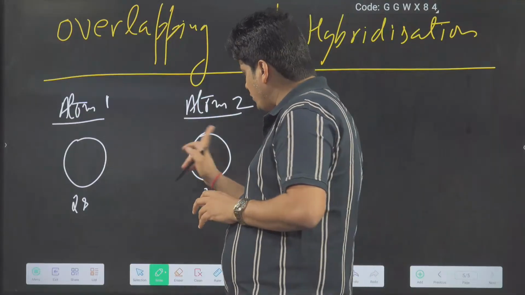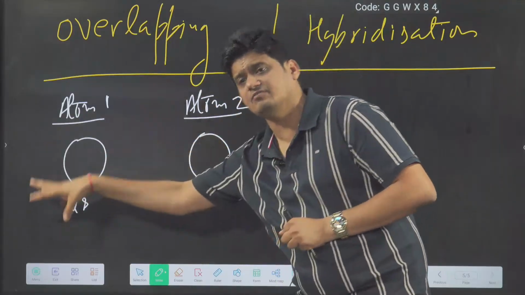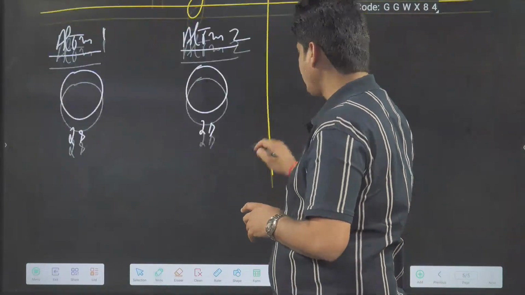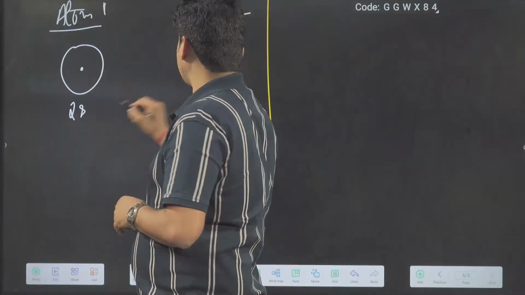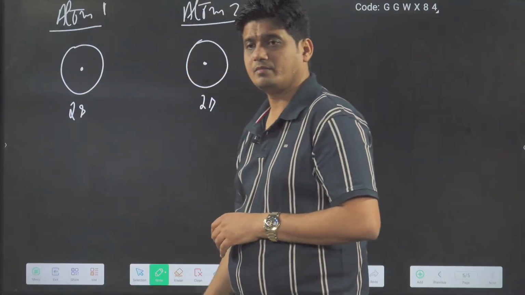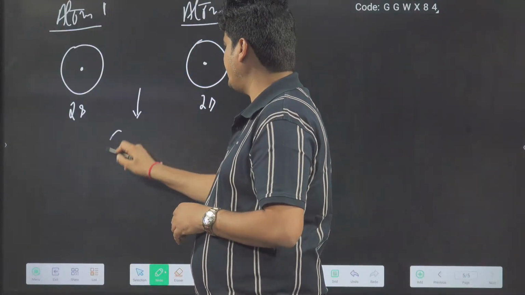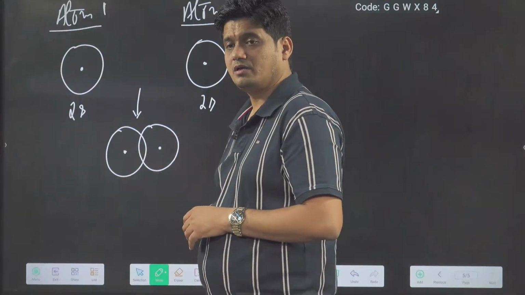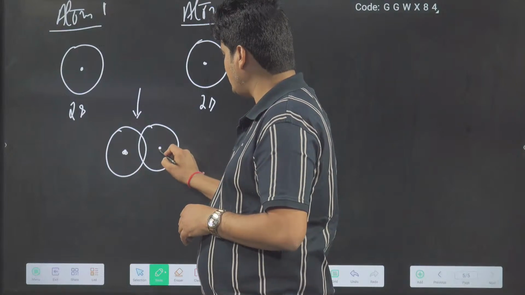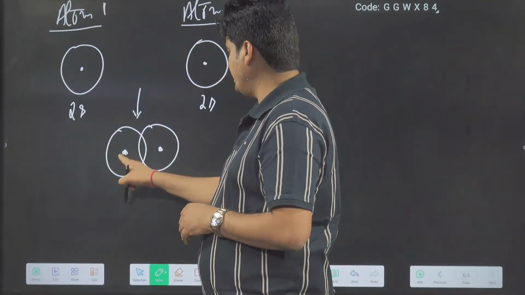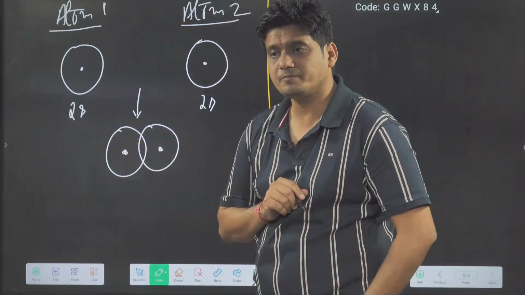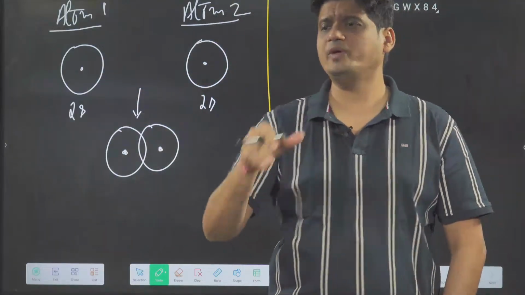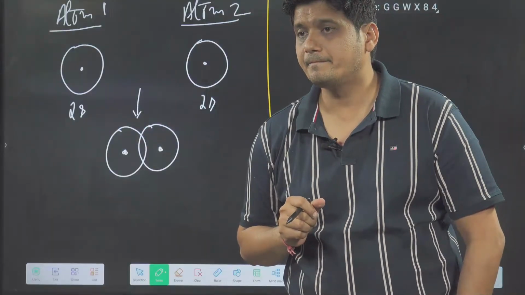This is the nucleus of the first atom, this is the nucleus of the second atom. They combine in this way. You can check, two nuclei are there. This also proves that this 2s and this 2s belong to different atoms. This phenomenon is overlapping. Okay or not?